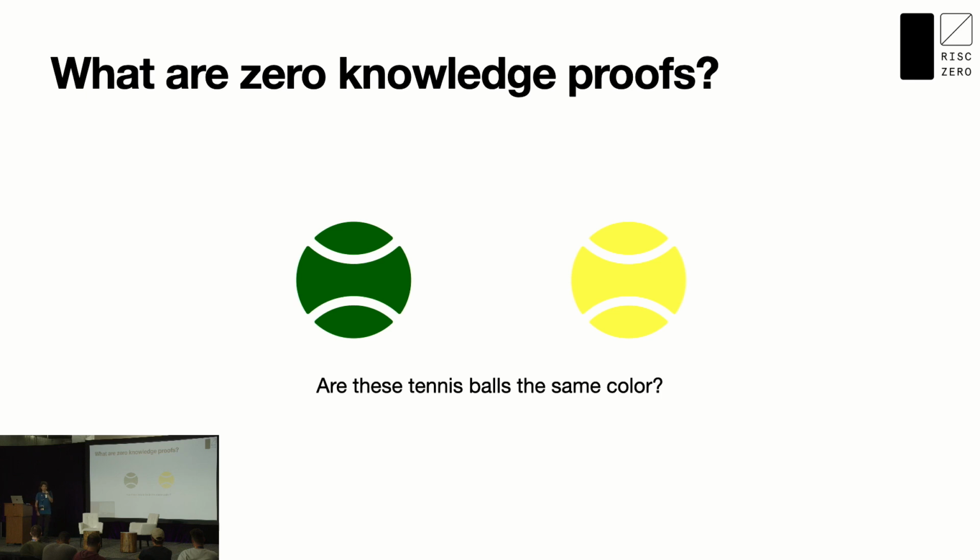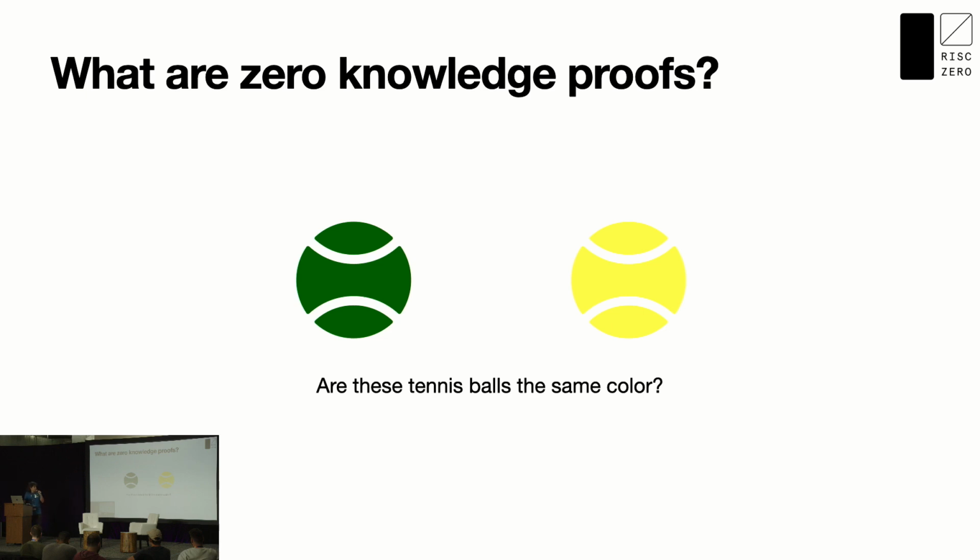So now I will do this repeatedly and record my results until I am convinced that either A, the balls are of the same color, or they are of different colors. Now, notice that throughout this problem, I am not getting the information about what color the balls are. I am only trying to get the understanding that they are different or the same.